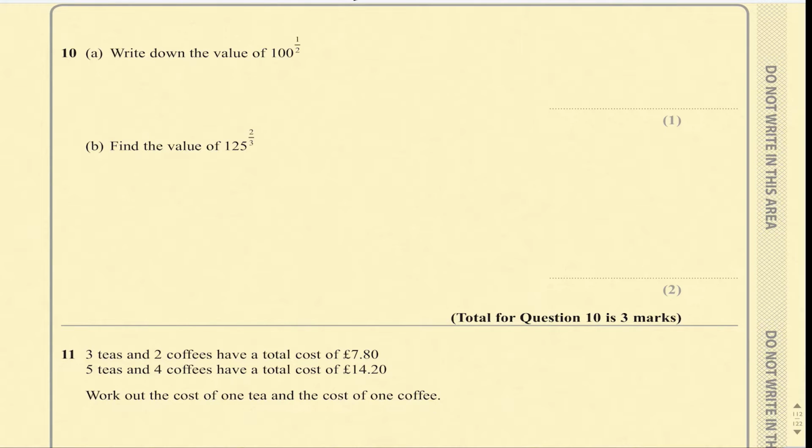Now, question 10. We need to write down the value of 100 to the power a half. Well, you could write it this way, 10 squared, which is 100, to the power of a half, which is 10 to the power 2/2, because 2 times 1/2 is 1.